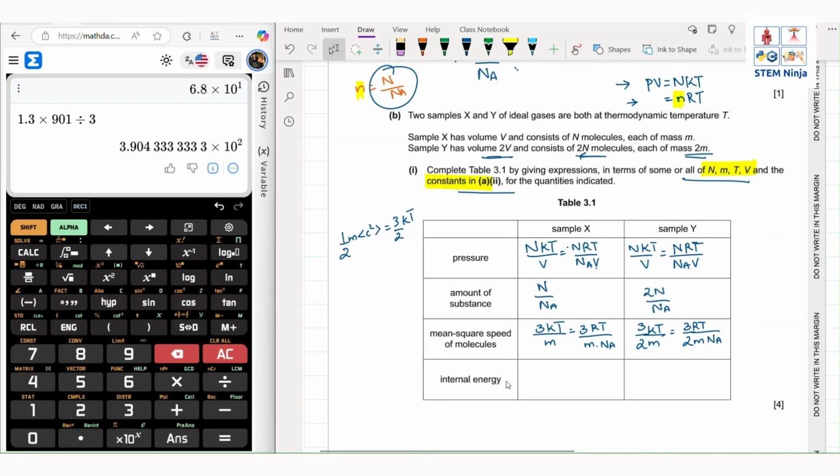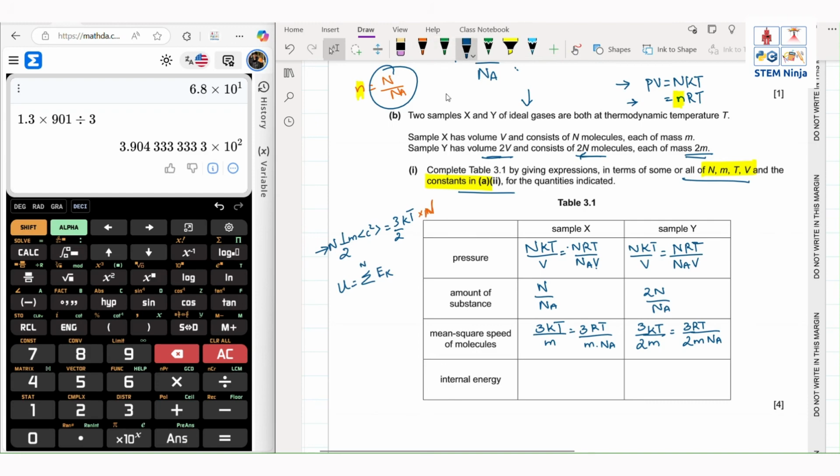Okay, internal energy. So internal energy of ideal gases depends on just the sum of kinetic energies of all the particles. So since we are saying that on average it is the same, since we're talking about the average, for the same reason, we will multiply by N on both sides.